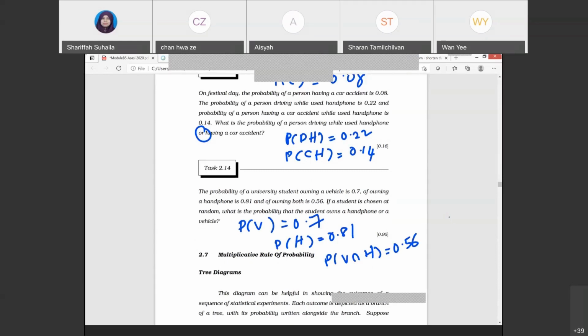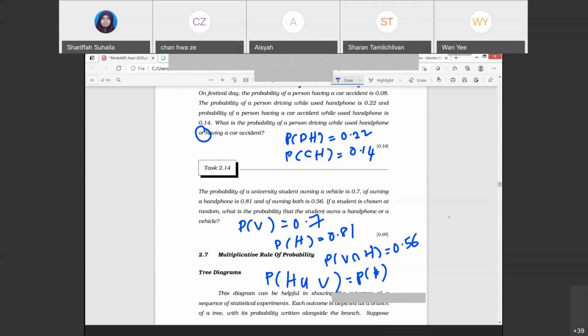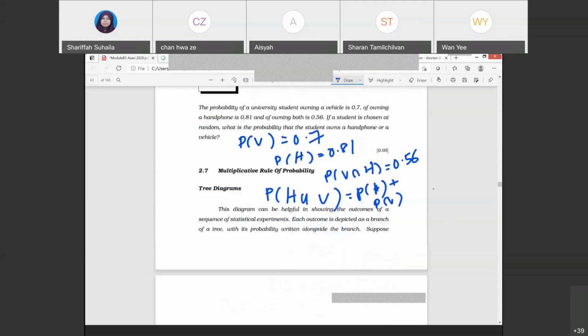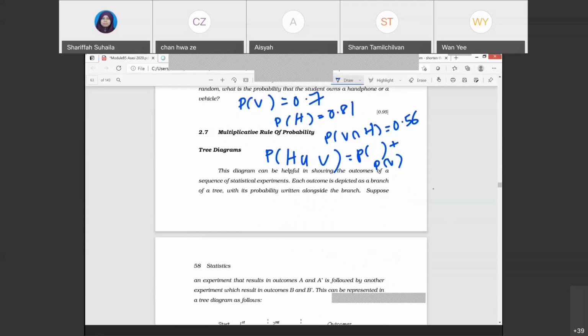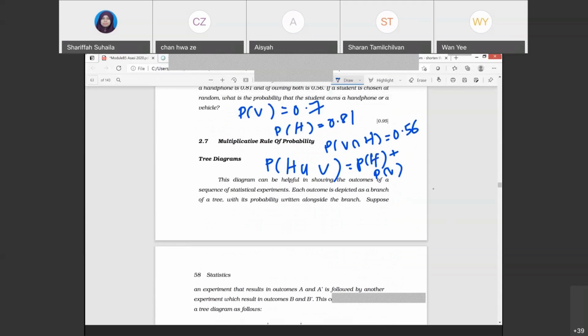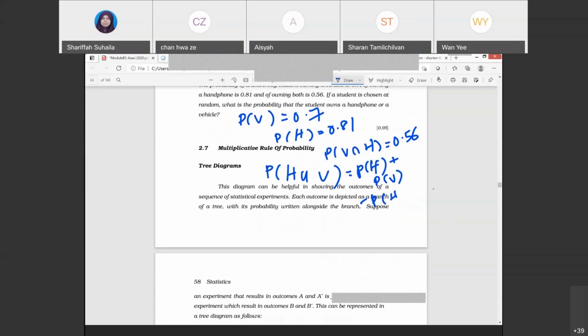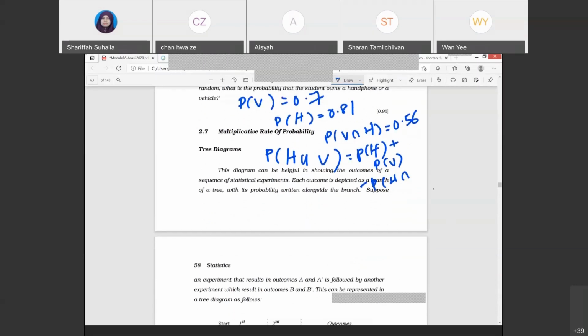Now having handphone or vehicle. So handphone union vehicle: probability of H plus probability of V minus the intersection. So in here you have 0.81 plus 0.7 minus 0.56.